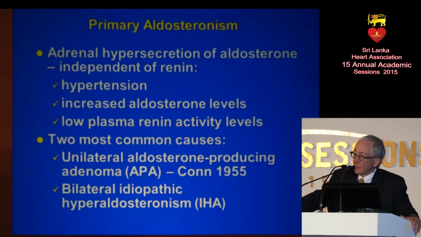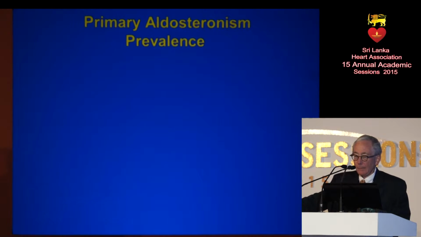And Rick Lifton's group has nicely demonstrated actually the molecular mechanisms of that. And this, I suspect, is probably why about 20% of our patients with resistant hypertension have some defect in excess aldosterone production, which we put into a group of disorders called idiopathic hyperaldosteronism.